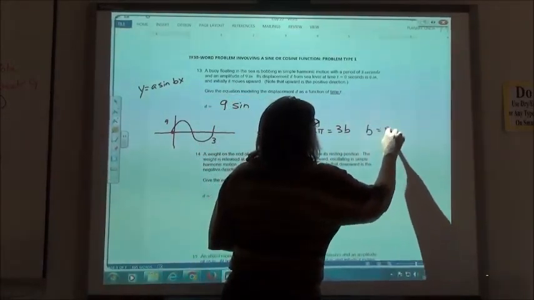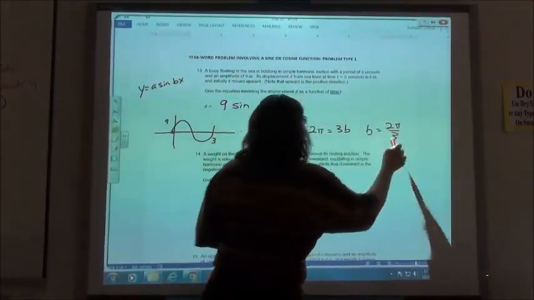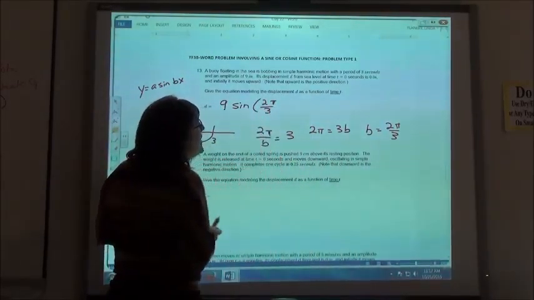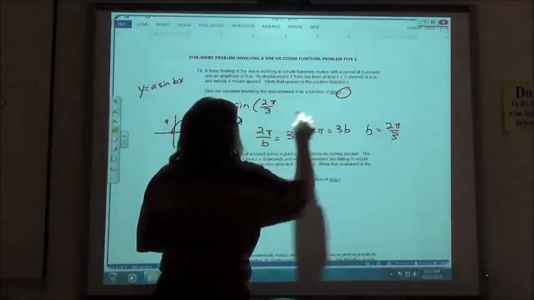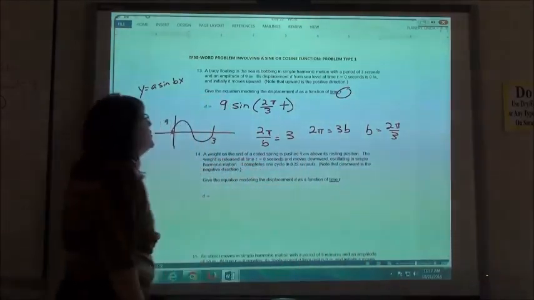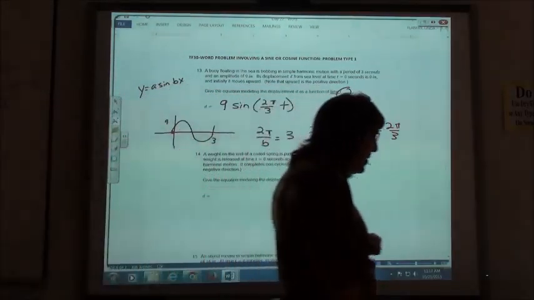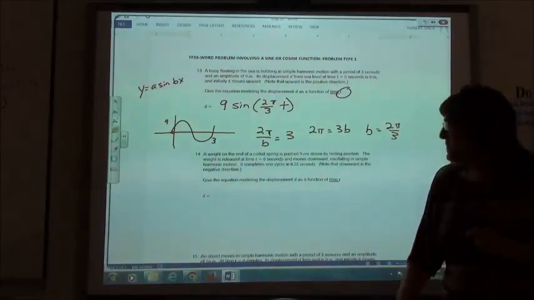So b is going to equal 2 pi over 3. So I'm going to have 2 pi over 3. And instead of using an x, I'm using a t. And so d is equal to 9 sine of 2 pi over 3 t. T wants to look like a plus sign, but something like that.